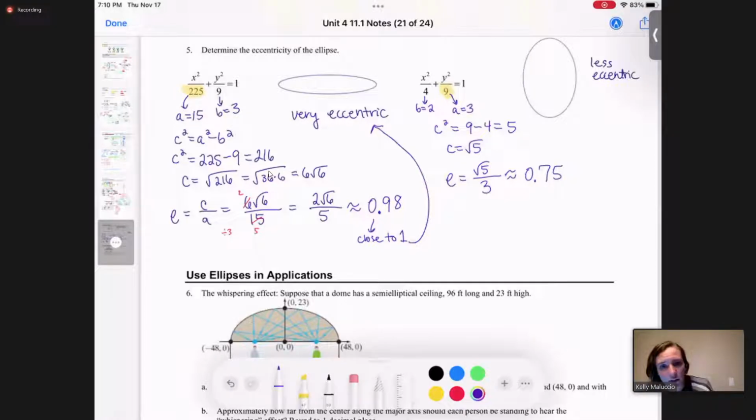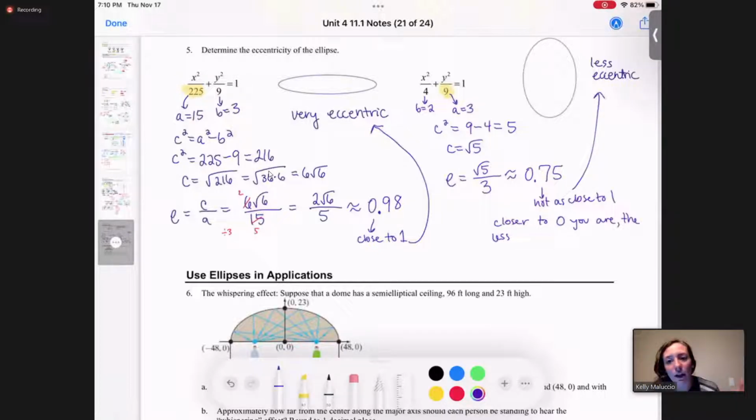Now, this is relatively close to 1, but not as close to 1, and therefore I say less eccentric. Notice, the closer to 0 you are, the less eccentric.